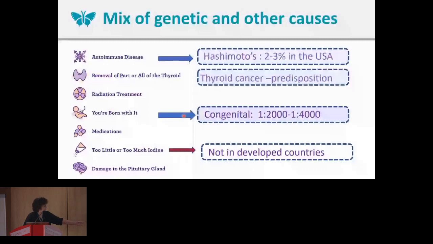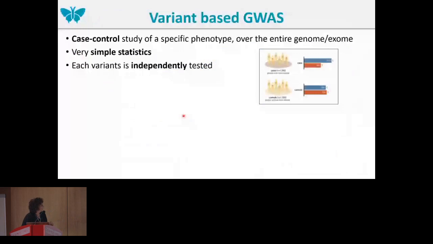And you do just a simple statistic on each and every variant. That's all. Through the genotyping, which is just the way to measure millions of variants. So it's a very simple statistic. It works on a case control. And importantly, each variant is analyzed independently. So the statistics must be at the variant level.